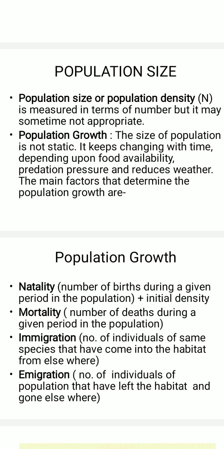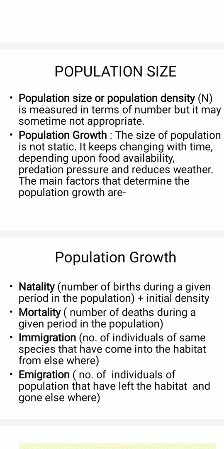So that is called emigration. I hope this is very clear and understood to you all. Natality, birth rate; mortality, death rate; immigration, number of individuals added to the existing population; emigration, number of individuals who have left the place where they were living to another area.